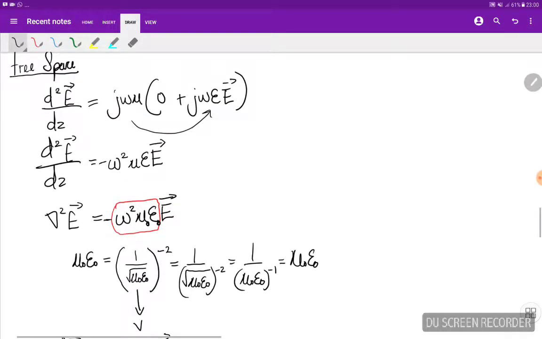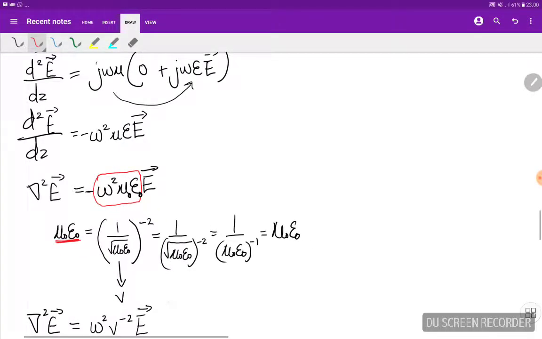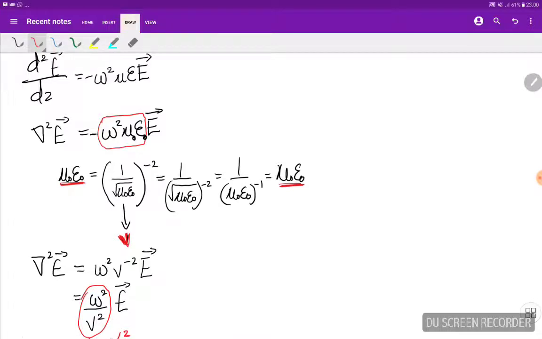Now let's just manipulate it a little bit. You can see that με is equal to 1 over the square root of με raised to minus 2. As you can see, manipulating it gives us back this, but we can denote that entire thing, 1 over the square root of με, as v.